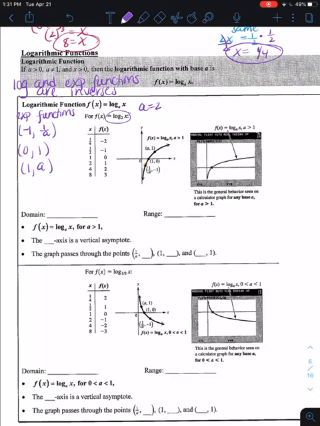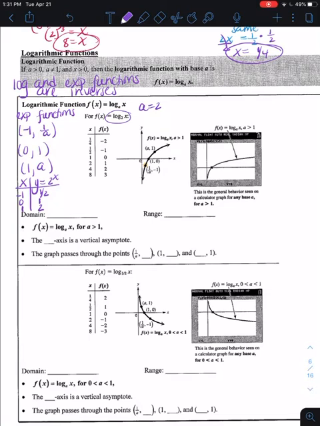So if I had to find the points on the exponential function of this graph, this is y equals 2 to the x power. So using what I have above, at -1, when I take the reciprocal of a, I'm going to get 1/2. At 0, the y value is 1, and at 1, the y value will be a, which is just 2. So those are the points that would be on the corresponding exponential function.